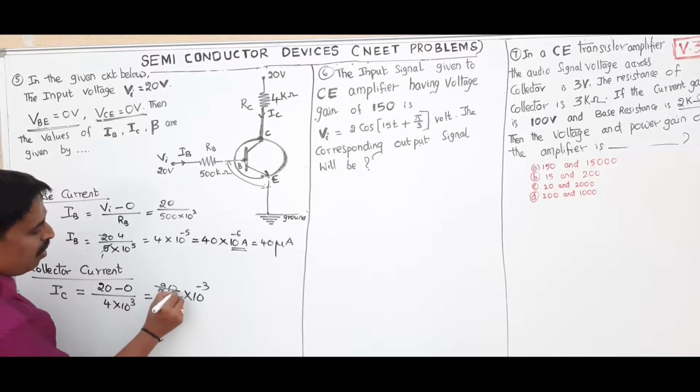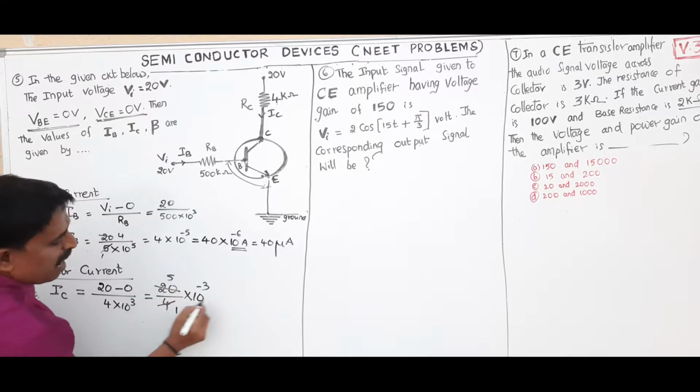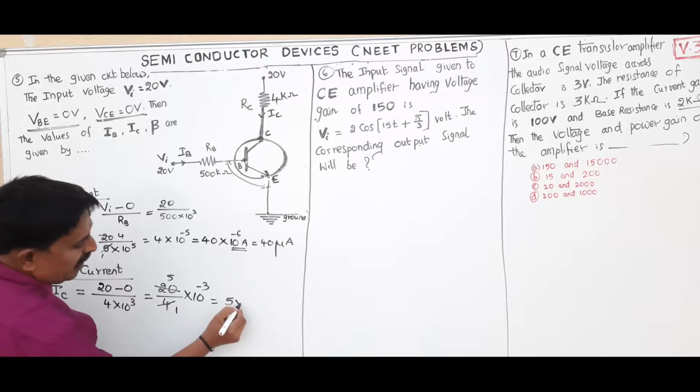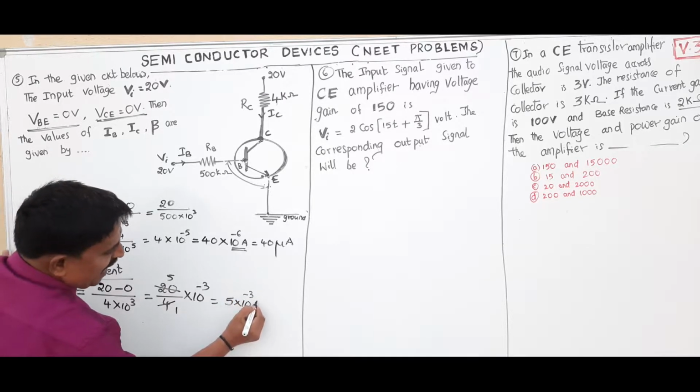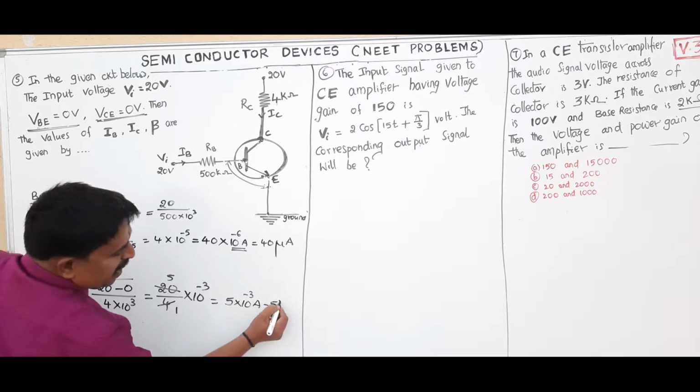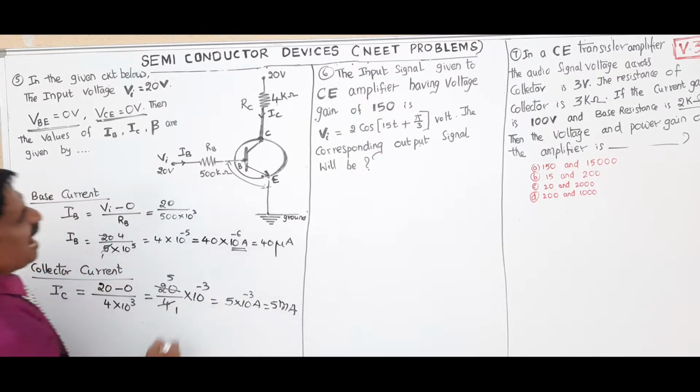That is 5 into 10 power minus 3 ampere, which means 5 milliampere.